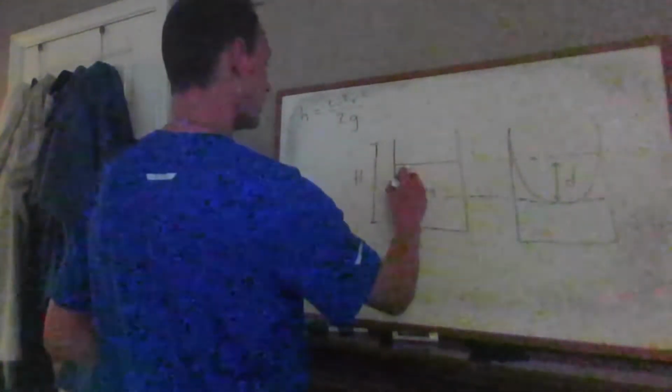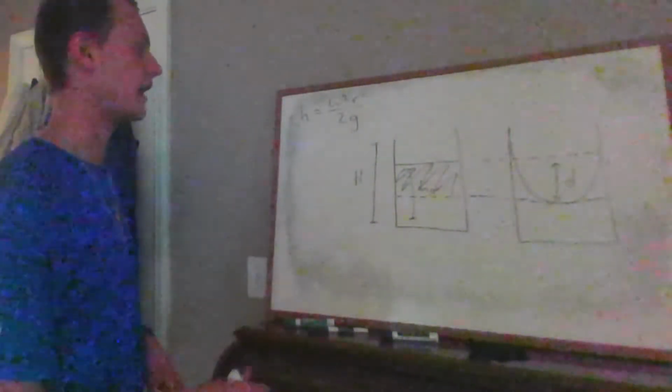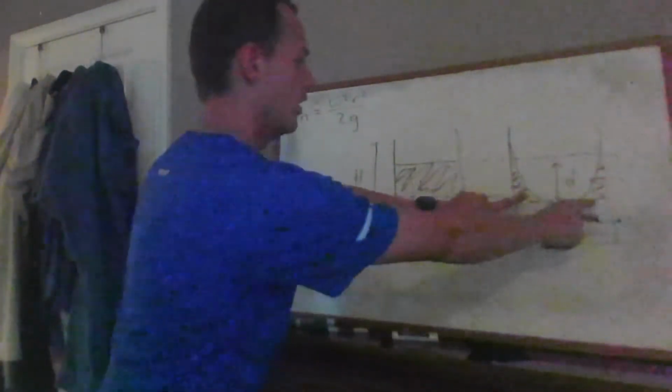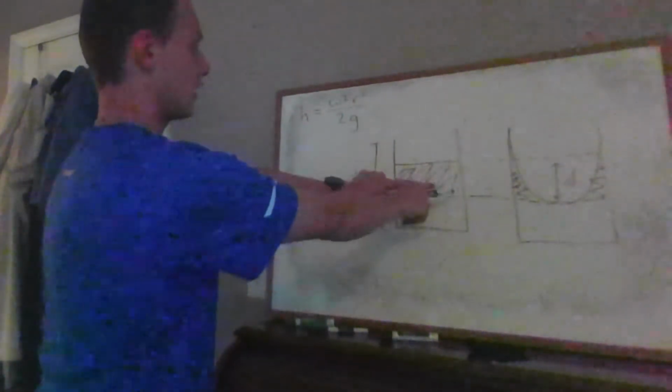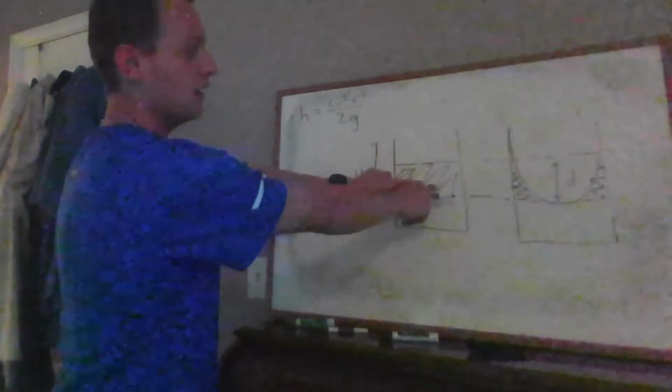Okay, so this volume here, it gets kind of moved around once we spin that turntable. So you have this volume there and that volume there, and then your lowest point. This fluid, where did it come from? All of it came from here, okay?